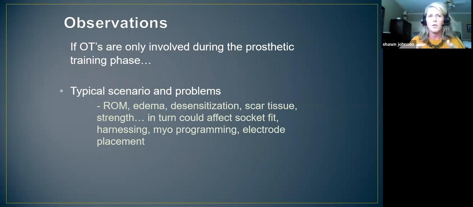The person might be really excited to start using their prosthesis on day one, and we come to find out we have to take several steps back before they can actually start wearing something and incorporating it into their daily life. So that's just a little background on why OT should be involved prior to even getting a prosthesis.